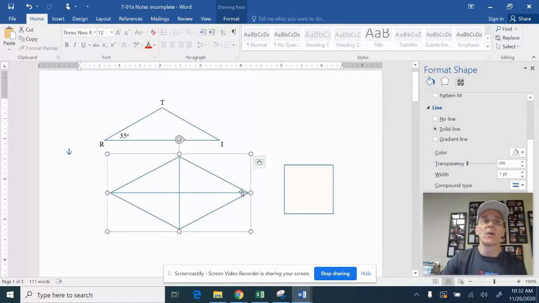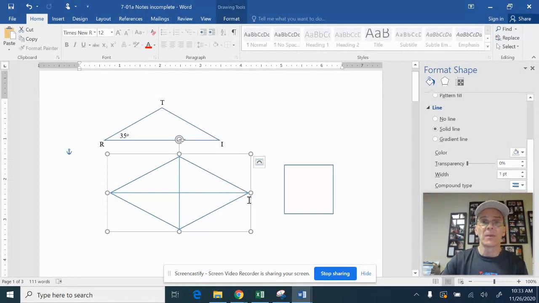Now, I'm not going to be asking you to know the formal technical definitions of all these different types of four-sided figures that we're going to be talking about today. What we are going to want you to know is a lot of the properties, a lot of the characteristics of these specially named figures.